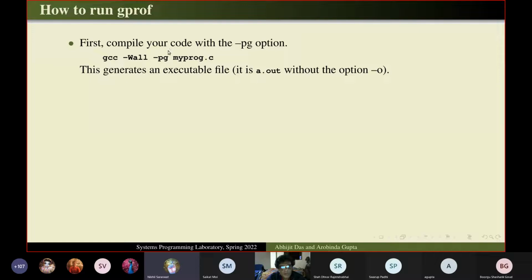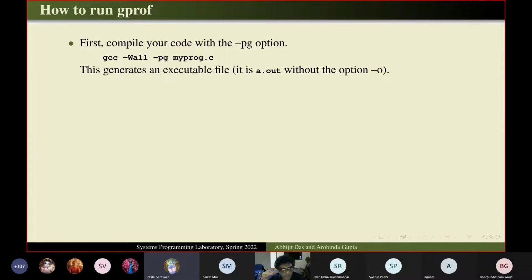Then your a.out, or whatever you specify as -o, that executable file will contain some extra information that will help, not you exactly, but gprof, to do some kind of profiling of your executable file when it is running. So this is the important thing: compile with the -pg option. This is the first thing you need to do.